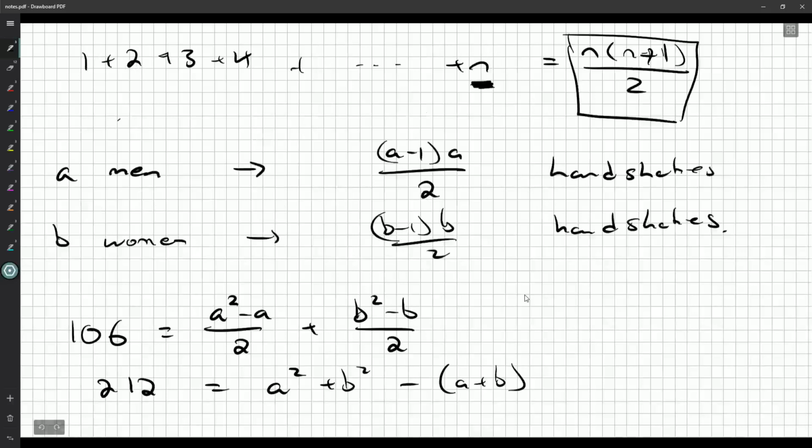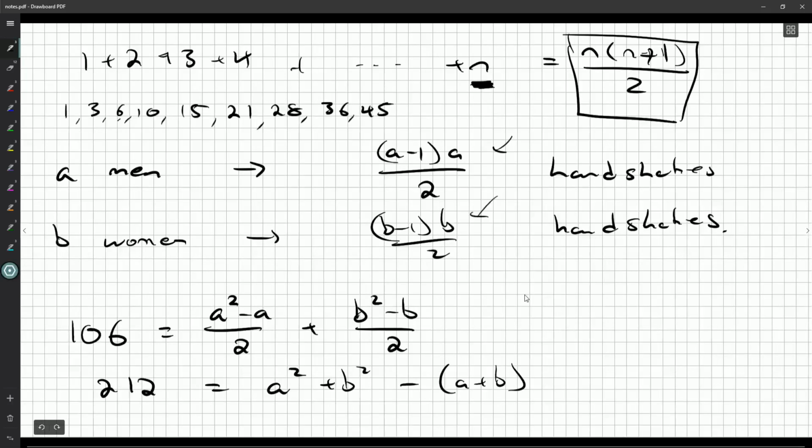I mean, if worse comes to worse, I could just start picking values for A and B, because the handshake pattern and the number of handshakes you're going to have is not too bad to work out. And so I could just list them out and try and find two that add up to 106, but I'm trying to be better than that. I'm trying to be a bit more clever than that.